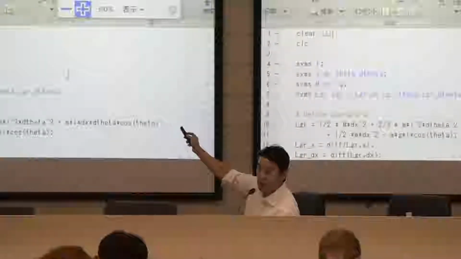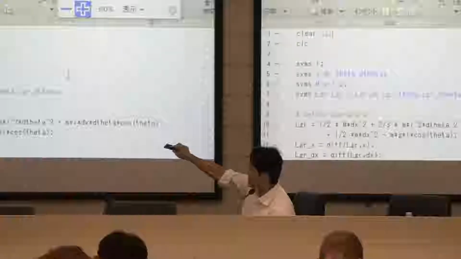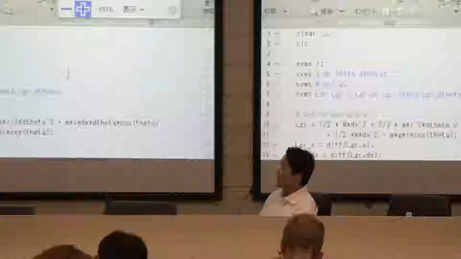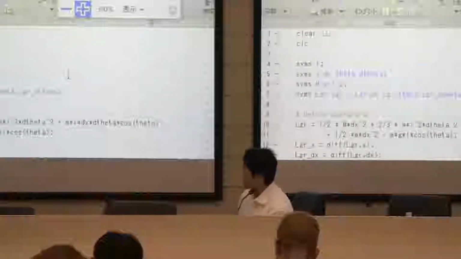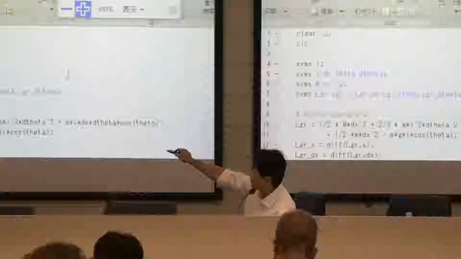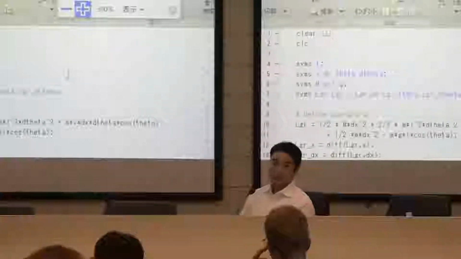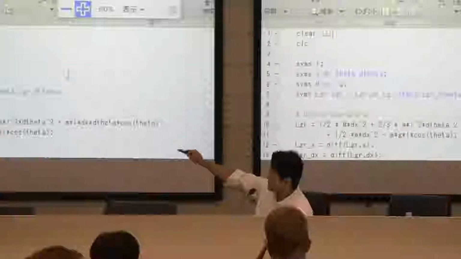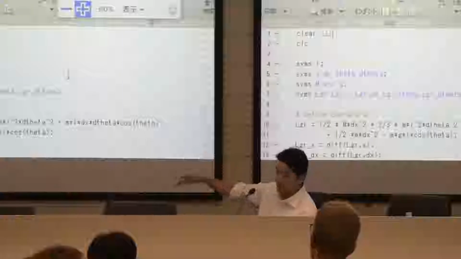Lowercase m is the mass of the pendulum. L is the length of the pendulum. And G is the gravitational constant. These are also constants for now. And the Lagrangian and the derivatives of the Lagrangian should be symbols. So I declare these are all symbols, and define the Lagrangian and take the derivative.